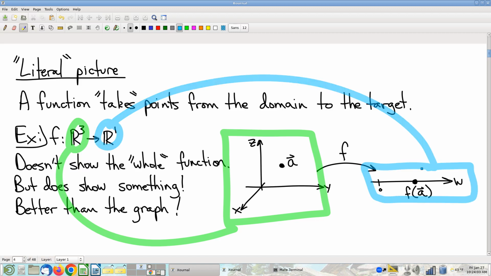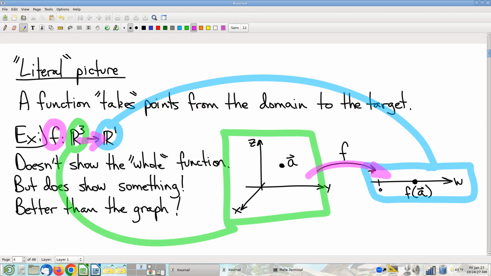So I have a picture of R1 over here. And what the function does, the function takes points out of R3 and then plops them down into R1. So, I think it's pretty reasonable to say this is a literal picture because it's just a picture of the action of what a function does.